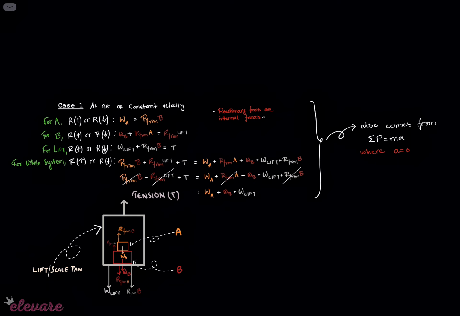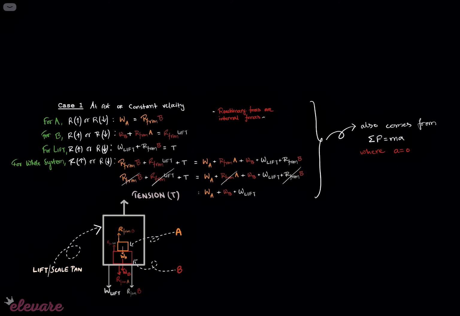There's like a hook in the cable that connects the lift, okay? Now, we call that tension, as you can see here, just because it's a cable. You can see it in other places as well in mechanics, whenever there is a string, cable, tow bar, light rod, whatever, we always call it tension.